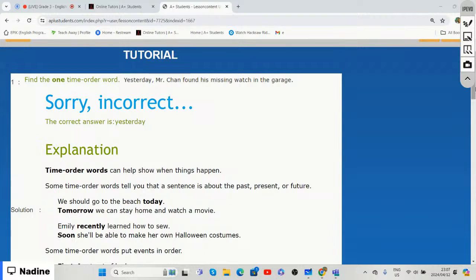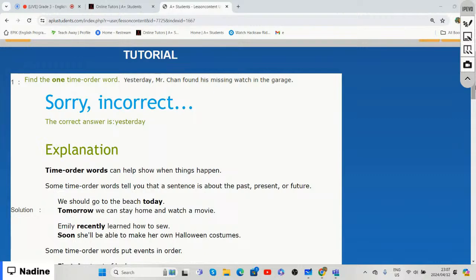When it comes to the present, which is things that are happening now, you can use words like now, recently. Today can also be a word that we can use for the present.